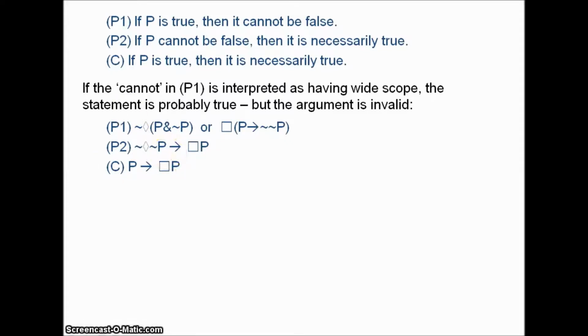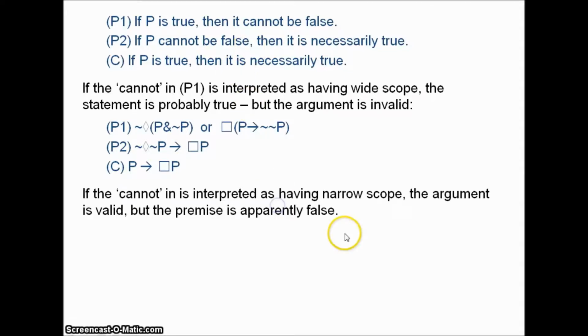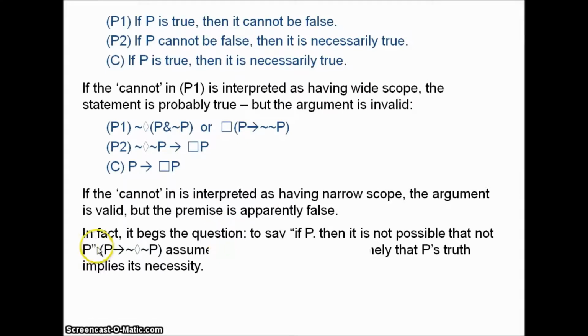On the other hand, if the cannot is interpreted as having narrow scope, the argument is valid, but the premise is apparently false. In fact, it clearly begs the question. To say that if P, then it is not possible that not P, or if P, then necessarily P, assumes what is to be shown, namely that P's truth implies its necessity.